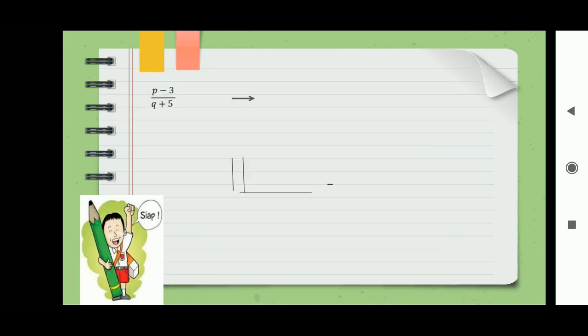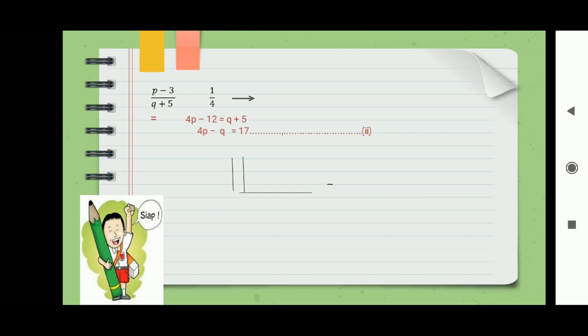We will seek equation 2 from (P minus 3) over (Q plus 5) is 1 over 4. So that 4P minus 12 is Q plus 5. 4P minus Q is 17.